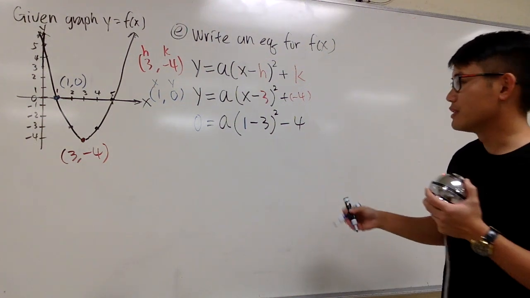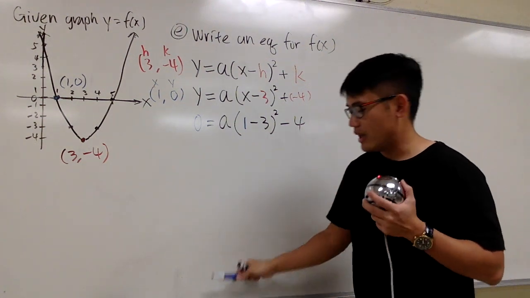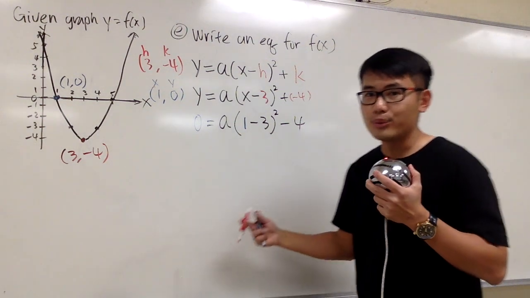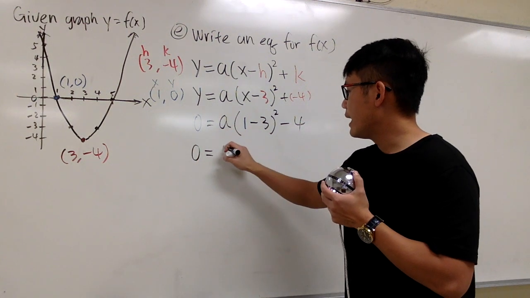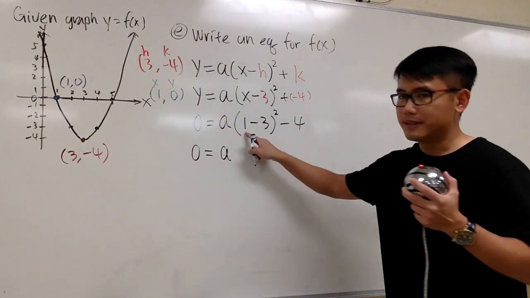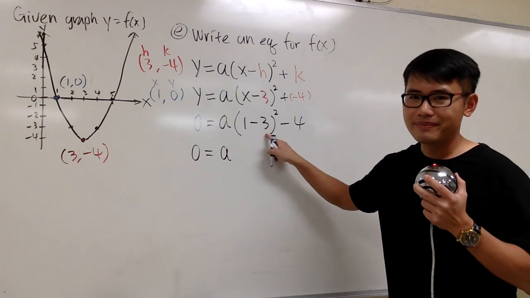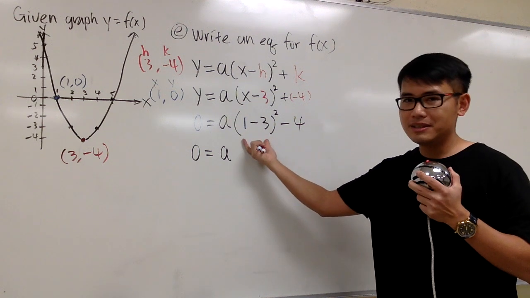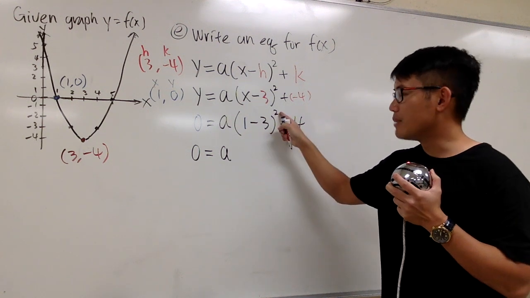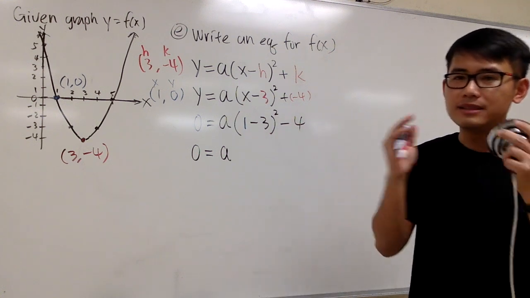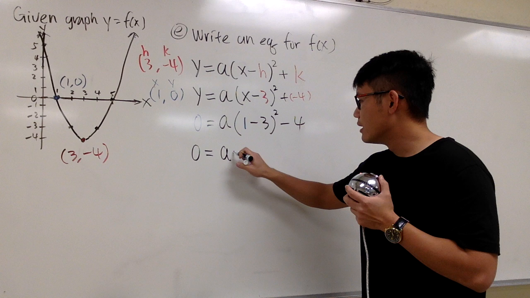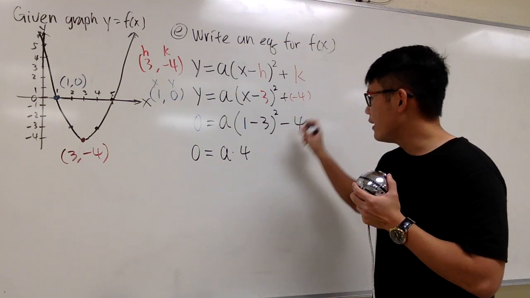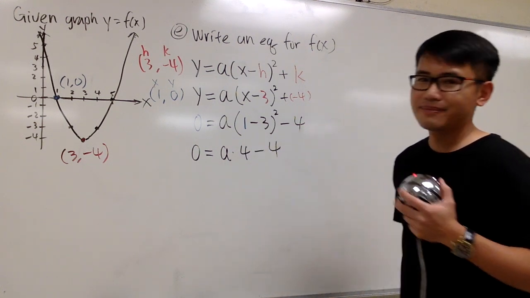Well, now we can just work out the algebra, solve for a, and we will have the a value. So here we have 0 equal to a, and let's do this. 1 minus 3 is -2 in the parentheses. -2 to the second power means -2 times -2. We have +4. So this will give us a times 4, and then we have the -4 after that.